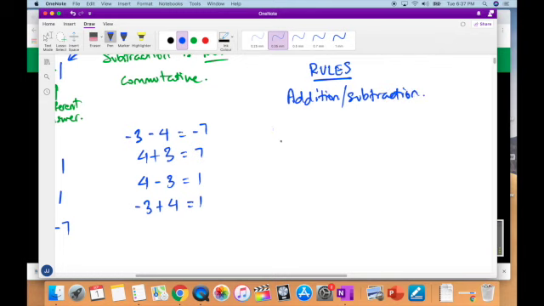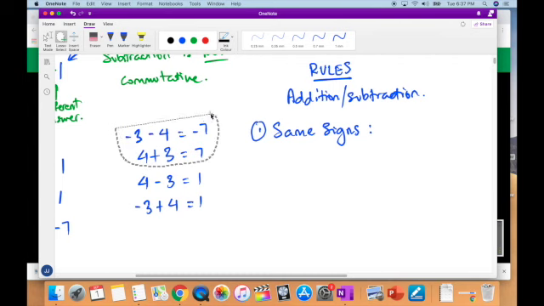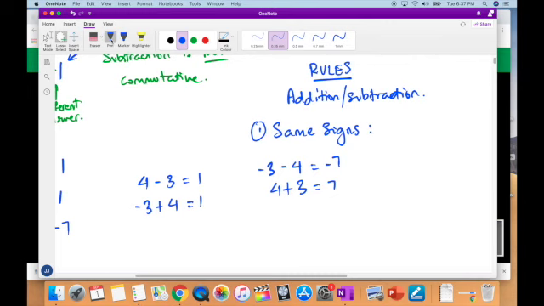The rule is, number 1, if you have the same signs, if the two things that you are adding or subtracting both have the same signs. So if we look at it here, these two guys have the same signs. The -3, -4, they both have the same signs.